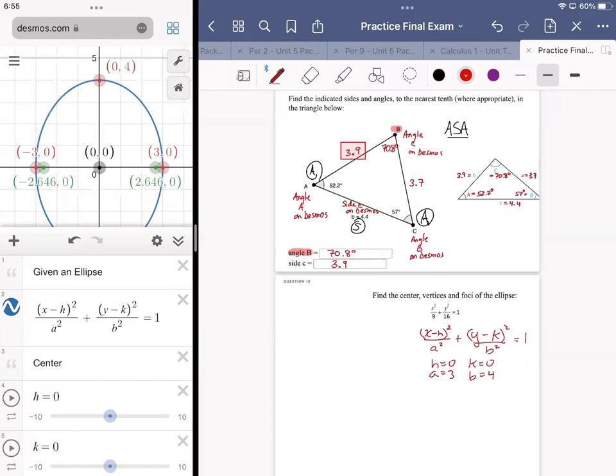In fact, it's probably a little too much information, because the only thing we would need to know is whether it's a vertical major axis or a horizontal major axis. This one's going to be a vertical major axis, because the y denominator is greater than the x denominator.